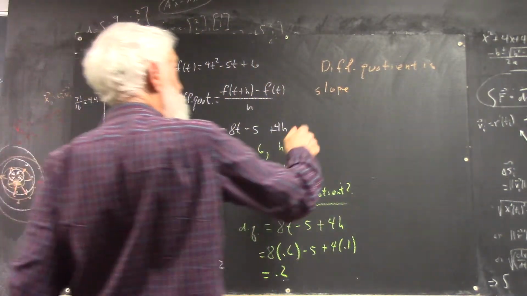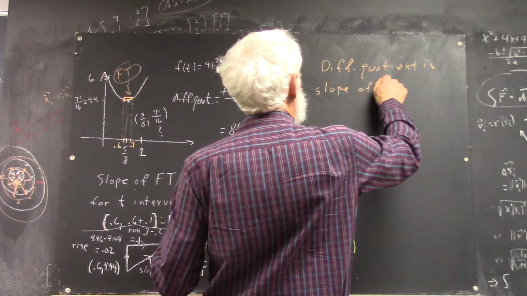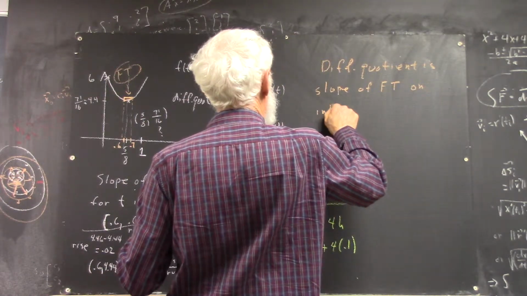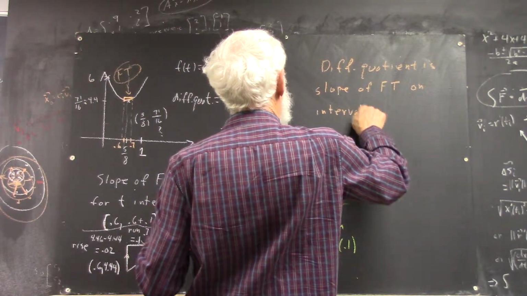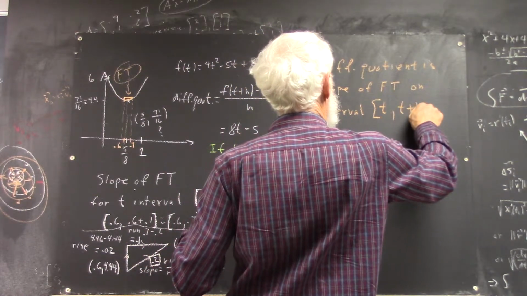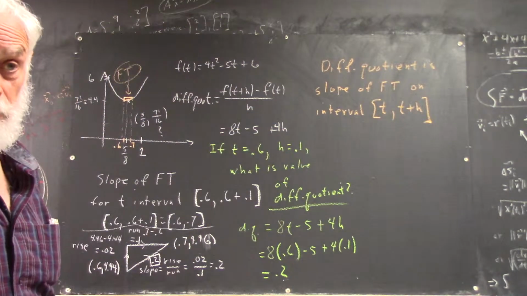Let me make sure I have the camera on here because this is really good. It is the slope of your fundamental triangle on the interval t plus h.